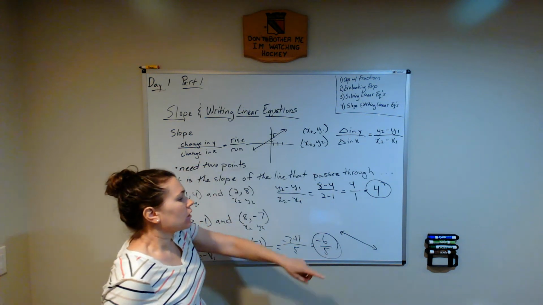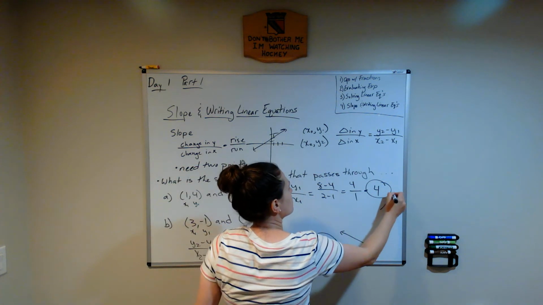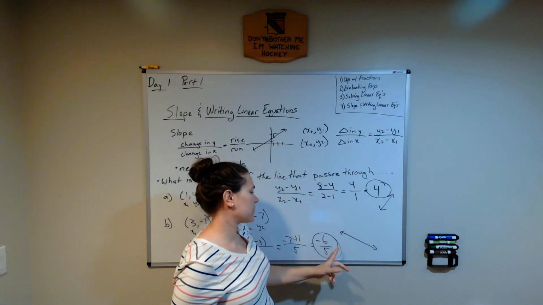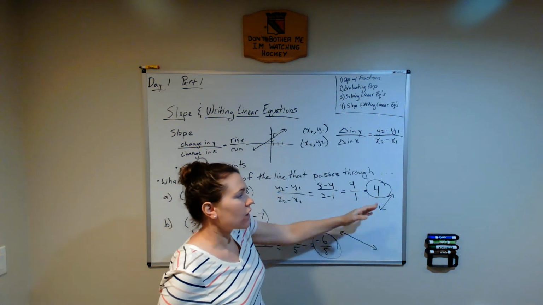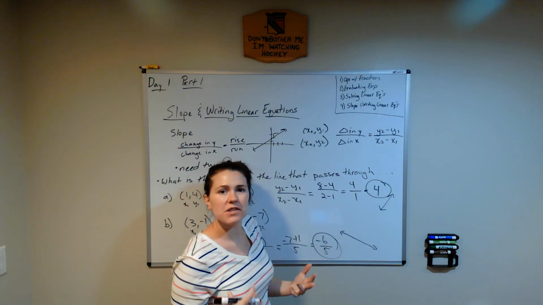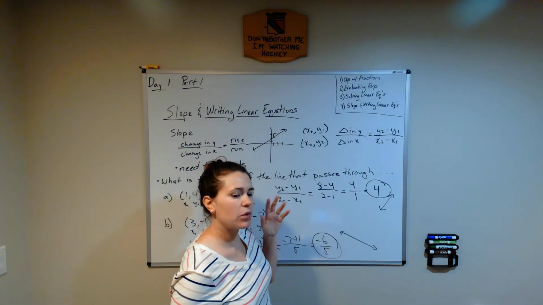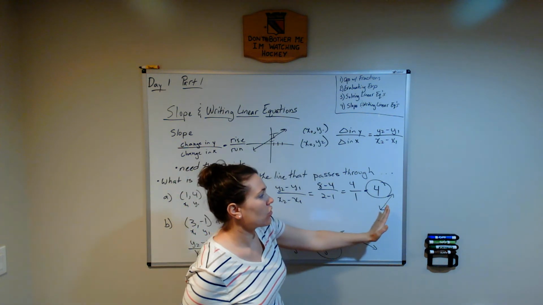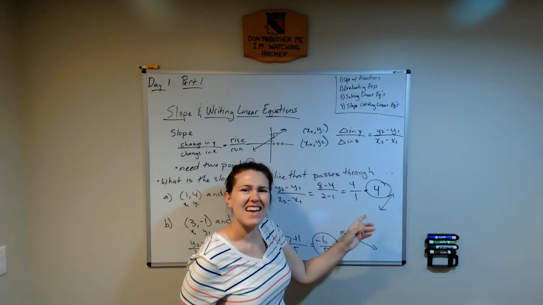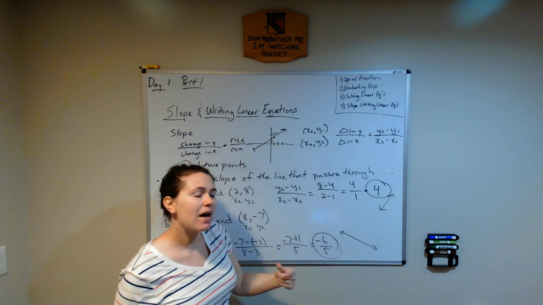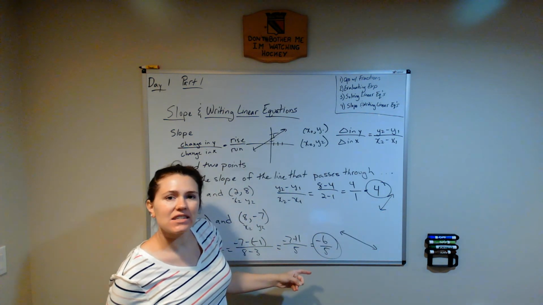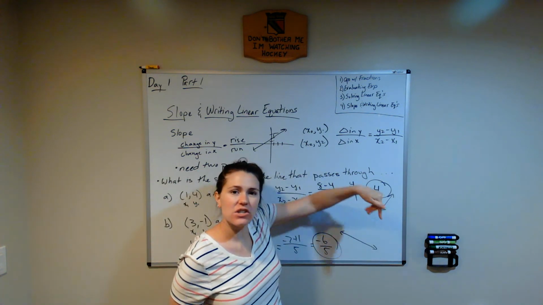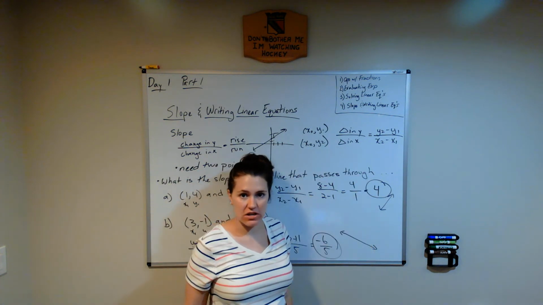Remember, a slope of 4 would have a steeper slope than -6/5. 4 and -4 would have the same steepness, it's just one's positive and one's negative. When you say a positive slope, it means y is going up as x increases. When you say you have a negative slope, that's saying that as x increases, y is going to decrease.